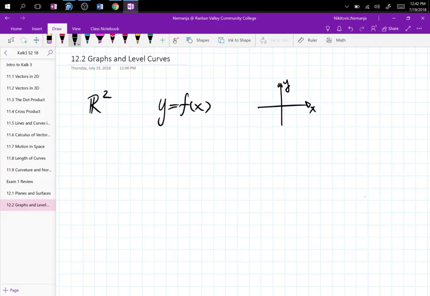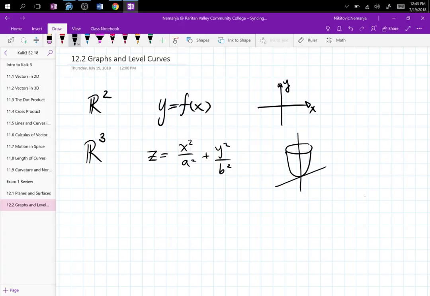Now, yesterday we already had equations like z equals x squared over a squared plus y squared over b squared, which was the elliptical paraboloid.